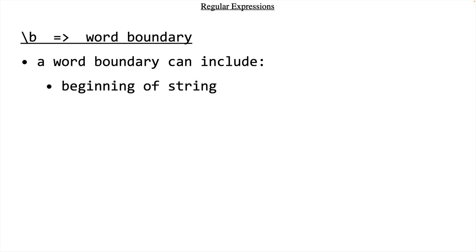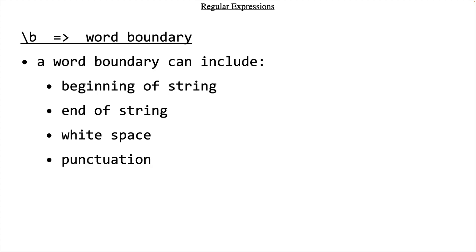These boundaries can be things like the beginning of the string, the end of the string, white space, which, if you haven't heard that term before, is any character or characters that you see the effect of, but you don't actually see the character. So if you have a string like a space space space b, those three spaces would be referred to as white space. We know they're there because the a and b are spaced apart, but we don't actually see the character. We see the effect of the character or characters.